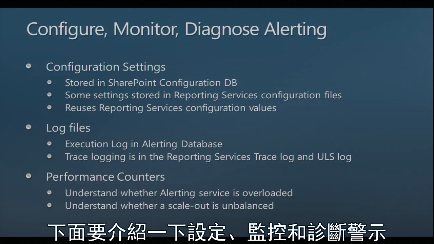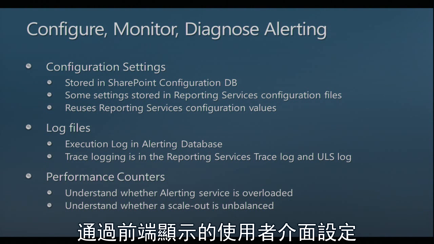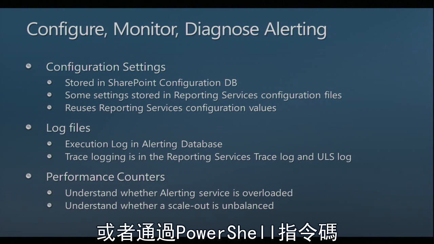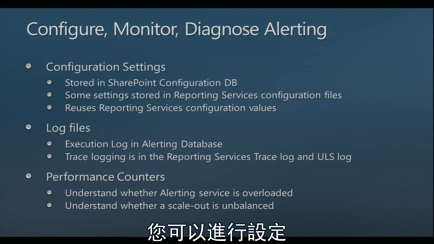Let's talk a little bit about configuring, monitoring, and diagnosing alerts. So configuration settings are stored in the SharePoint configuration database, and you have two ways of configuring those, either through the UI settings that I showed you or through PowerShell scripts that I did not show you. We provide a library of PowerShell scripts and PowerShell cmdlets that allow you to set our configuration settings.